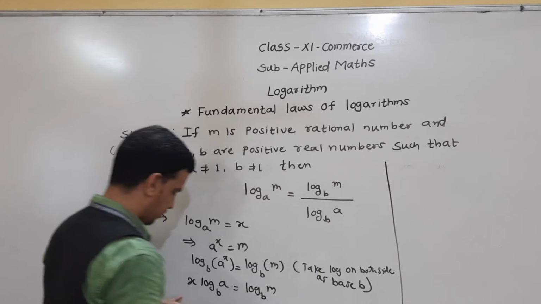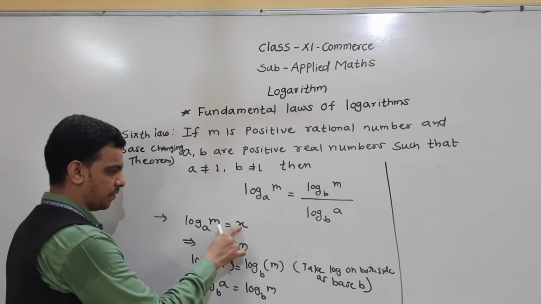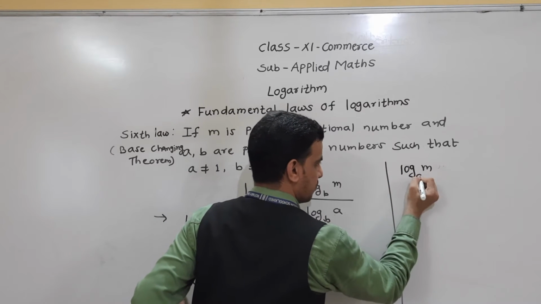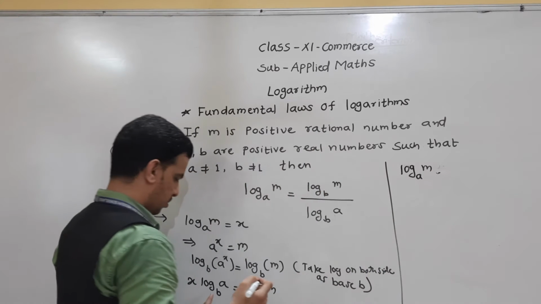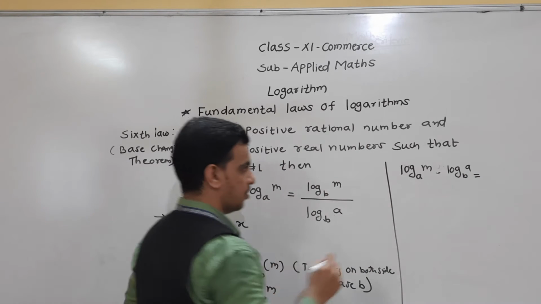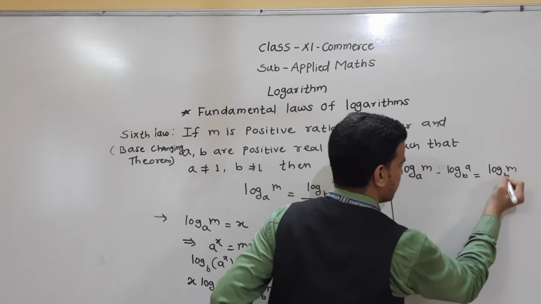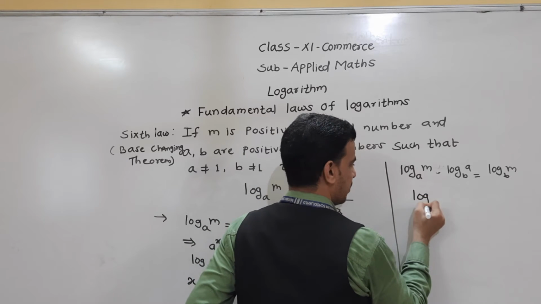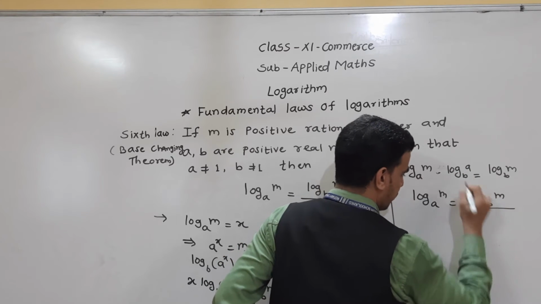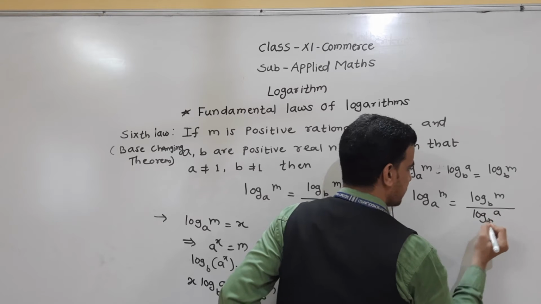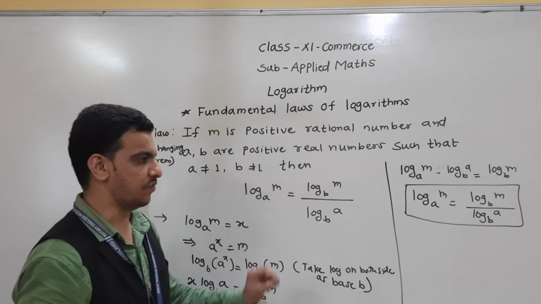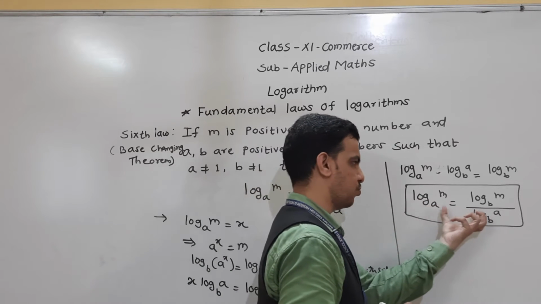Now this x I can replace by log m to the base a, so log m to the base a into log a to the base b is equal to log m to the base b. Now log m to the base a is equal to log of m to the base b upon log of a to the base b. So this is the proof of this law. If we have to change the base, then we have to use this law.